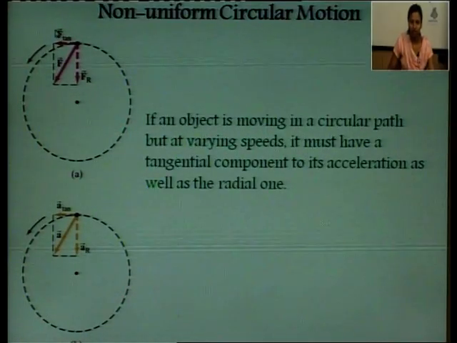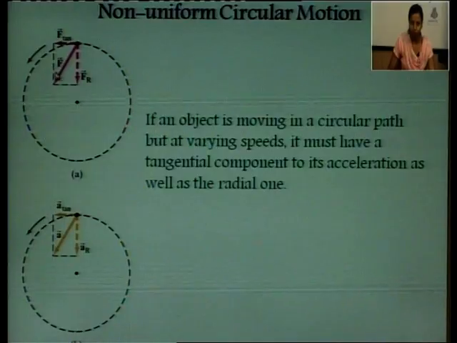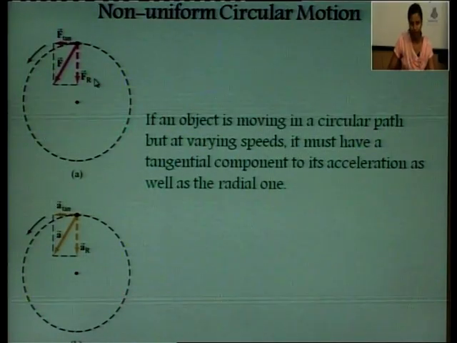The tangential force is there because of the non-uniform motion, and the radial force is there because the body is moving in circular motion. So, in non-uniform circular motion, the total force is the sum of tangential force and radial force.